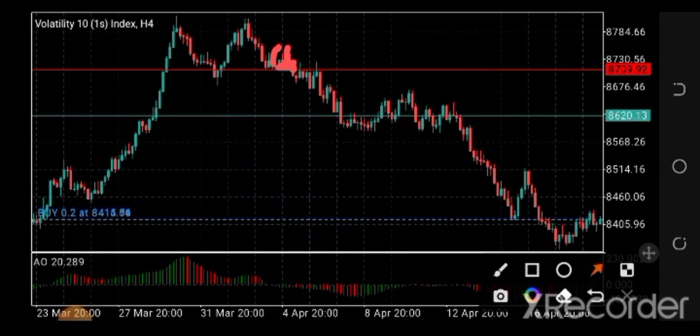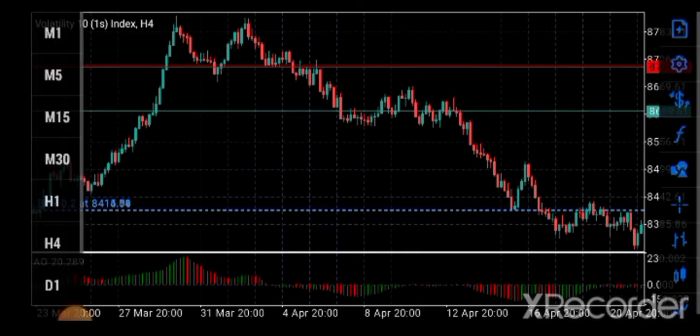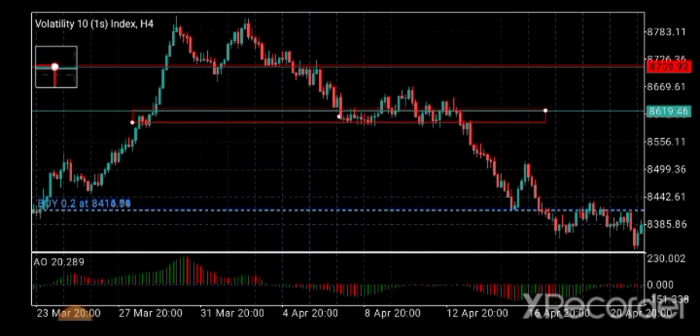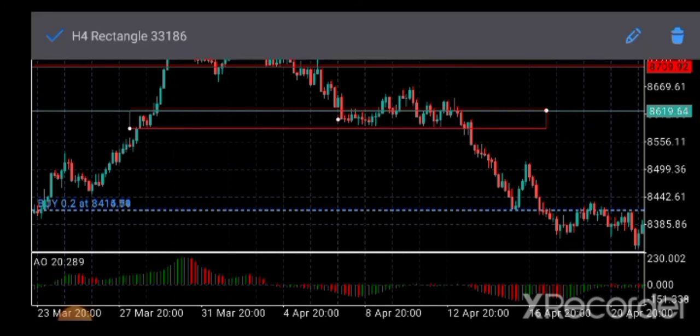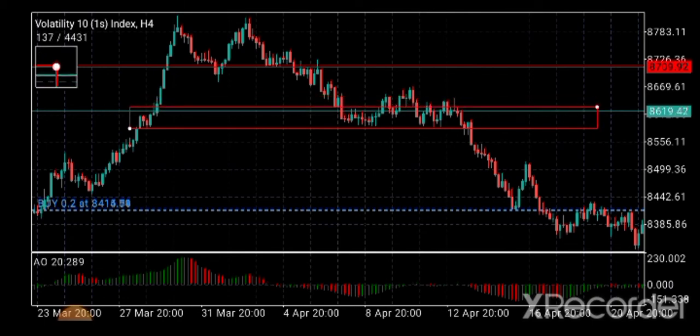You ride the trend. When riding the trend, make sure that you spot areas of support and resistance. VIX, or synthetic indices in general, respect price action.